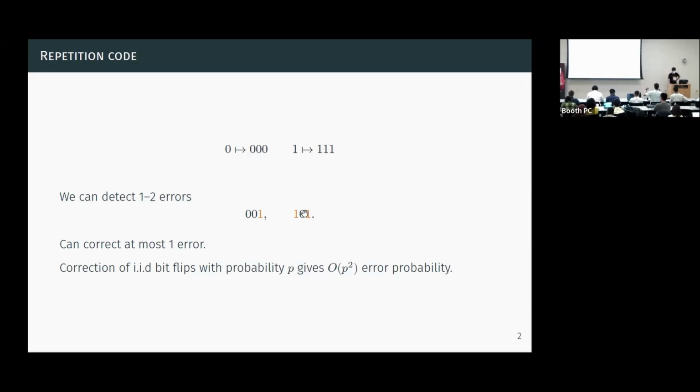And if 2 errors occur, then it flips 2 bits from 0 to 1, or it could flip the 1 back to 0, but then you're good. So it kind of corrected itself. So then if d errors occur, in this case d equals 3, you could go from 0, 0, 0 all the way to 1, 1, 1, and you wouldn't know that anything even happened. At the receiver side, you would see 1, 1, 1 and decode it as 1. That's the code distance.